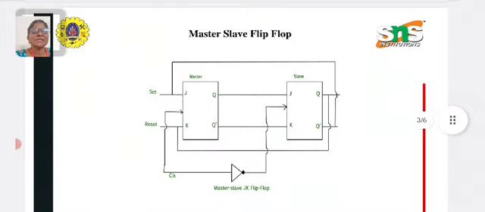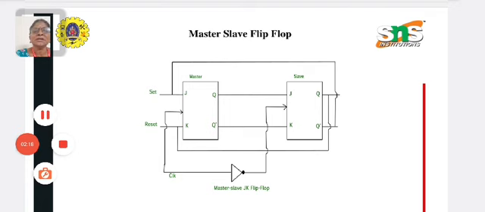So this is the circuit of the master-slave flip-flop. You can see two JK flip-flops connected here: JK flip-flop 1 and JK flip-flop 2. In this, we are giving two inputs, set and reset.